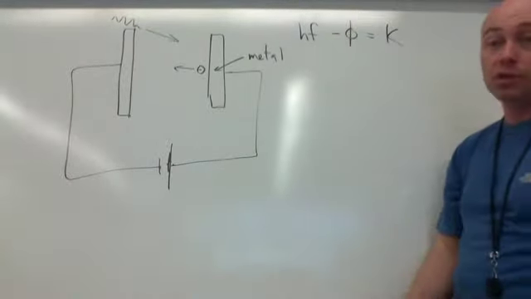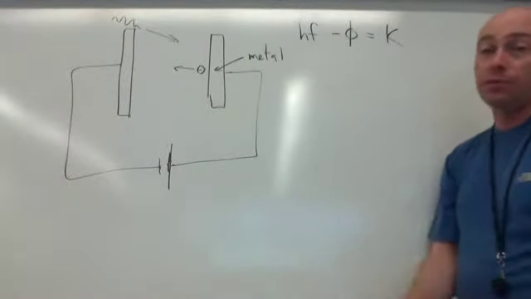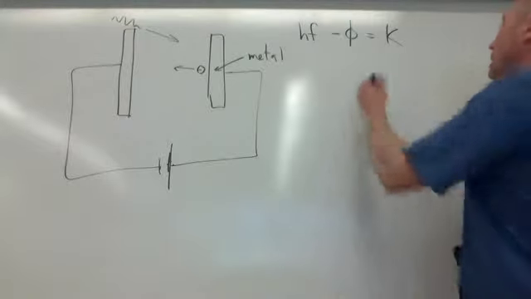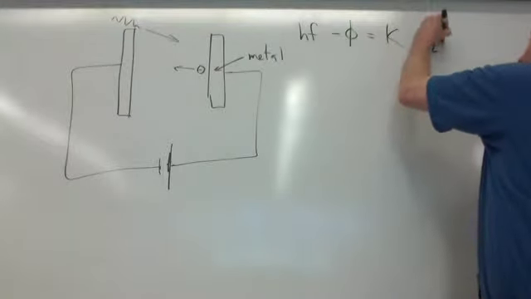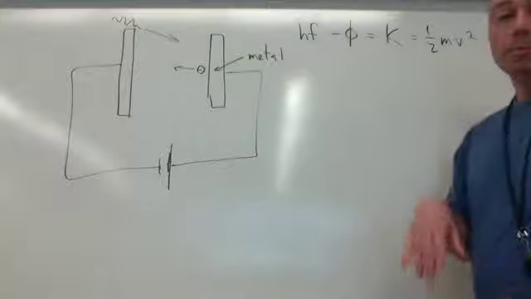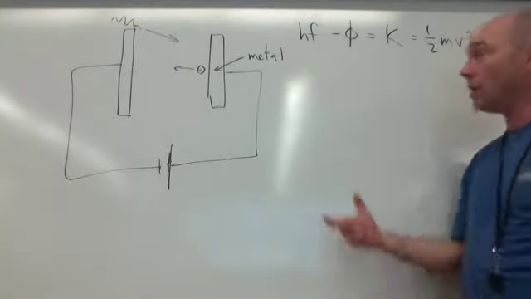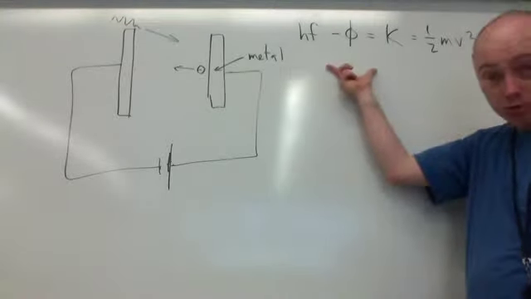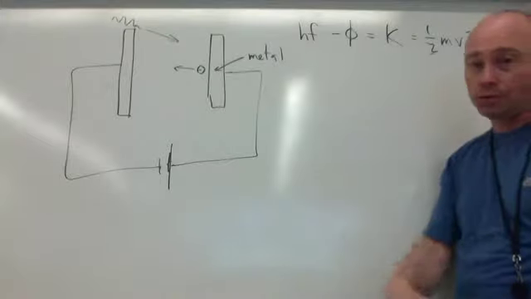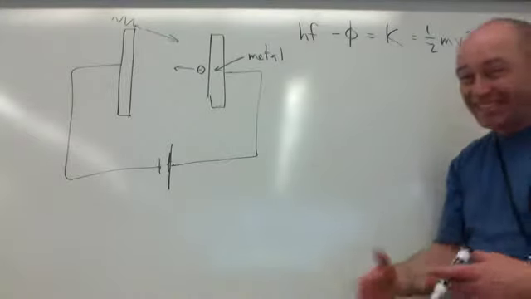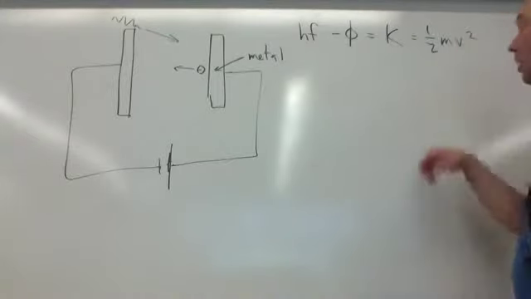Now, if there's an equation where you need to solve for the speed of the electron, you could do 1/2 mv squared. But just remember, if you're doing it that way, everything needs to be in joules, not electron volts. To convert from one to the other, it's easy. Look on your formula sheet, no problem.